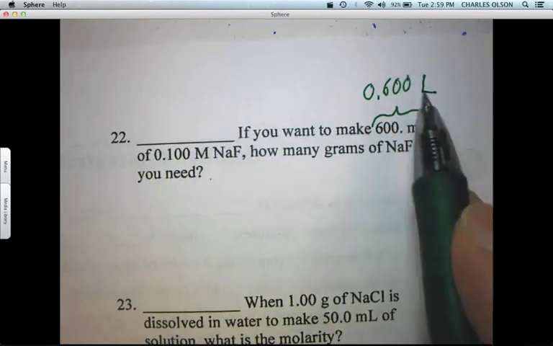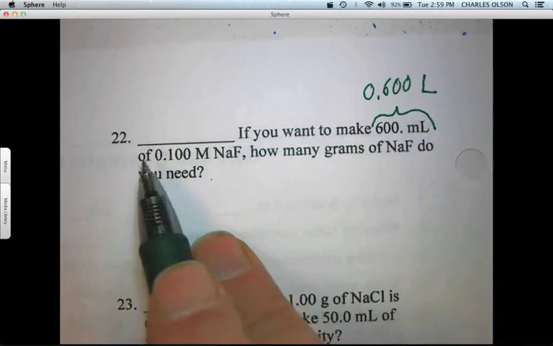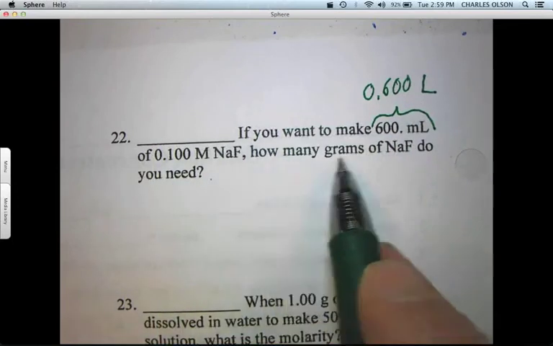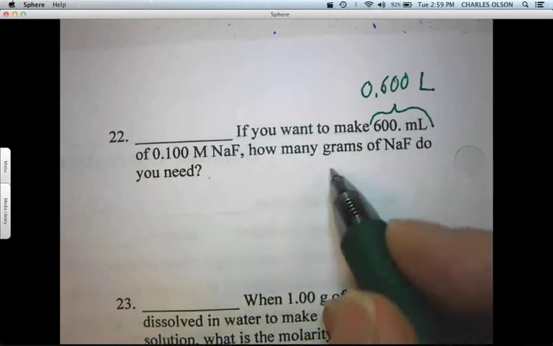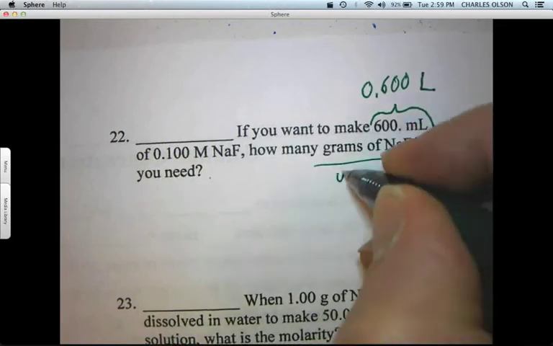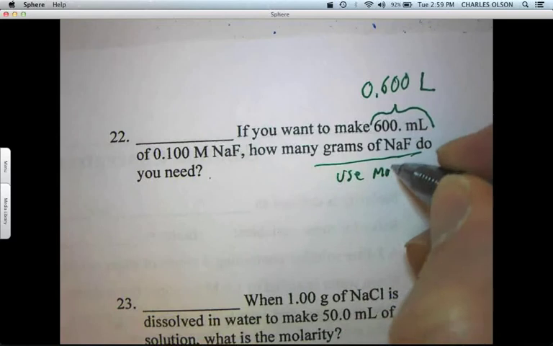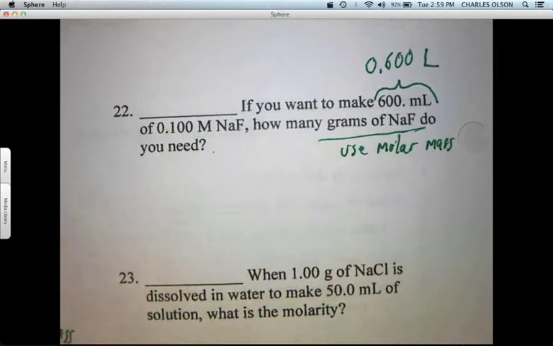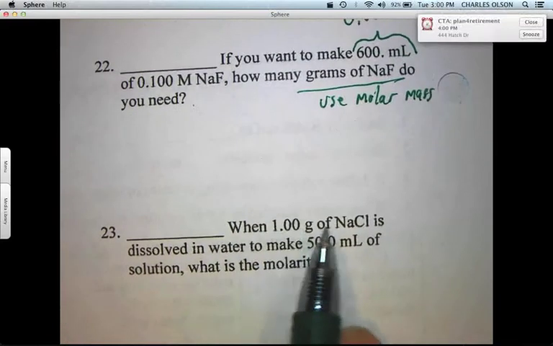So we got the liters, we've got the molarity, we'll get the moles, but of course we want grams. So we will need to use molar mass. Once again, convert this to moles using molar mass.